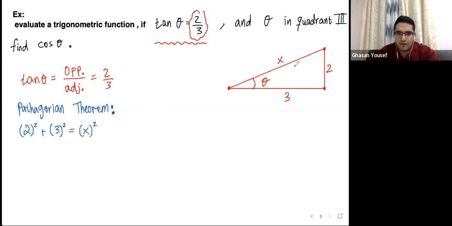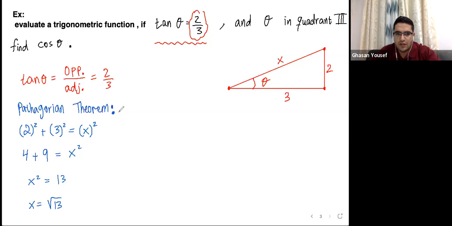I'm looking for the value of x. Now 2 squared is 4 plus 3 squared is 9 equals x squared. So x squared equals 4 plus 9, which is 13. So to find x, we have to take the square root of both sides. X equals the square root of 13.